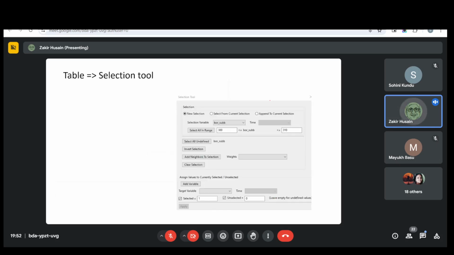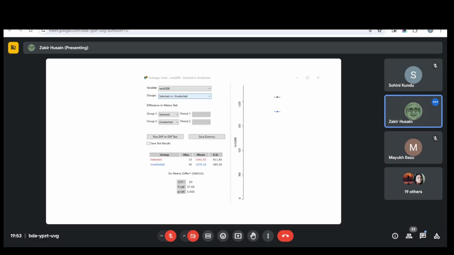So now you have the selection. For selection, if you remember, you have to go to tables and selection 2. And you'll have this window. So selection variable should be borrow sub, it's actually sub borrow. And you have to put in the quotes 300 to 310.